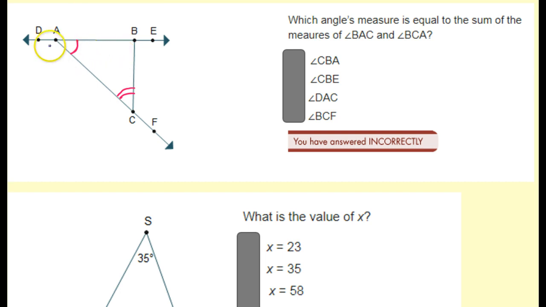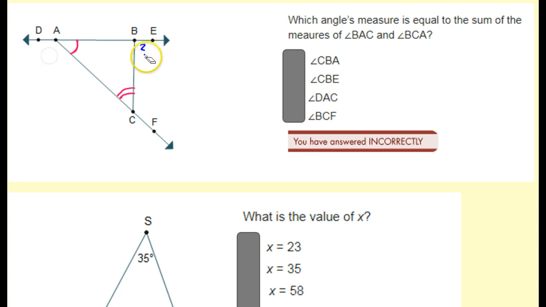Now, exterior angles are angles like this one, and this one, and this one. All three of those question marks are exterior angles. But we want the remote exterior angle. Remote means far away. So which one of these three is not touching either of the two angles that we started with?